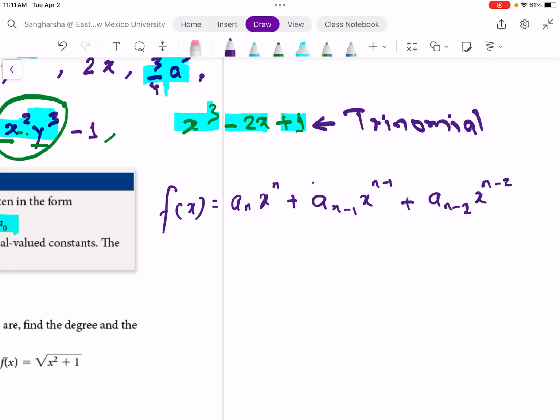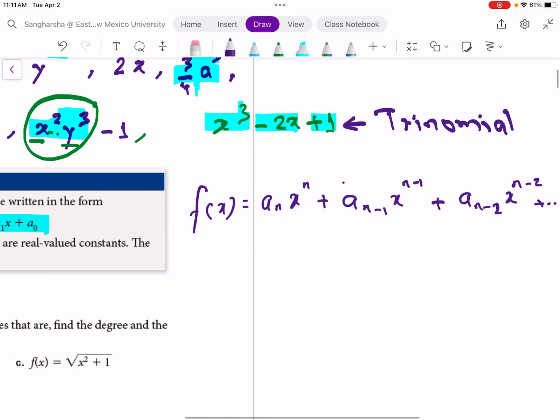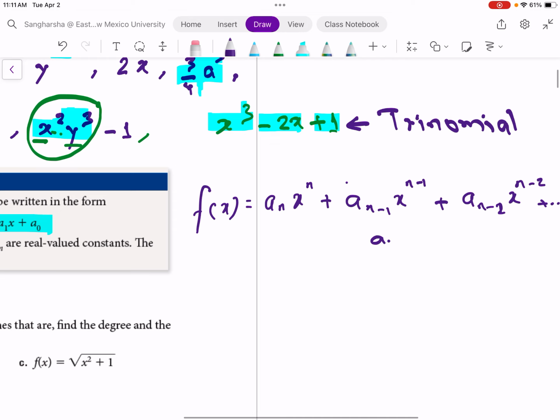We can have infinitely many terms, and at the end we have a_1 x plus a_0.